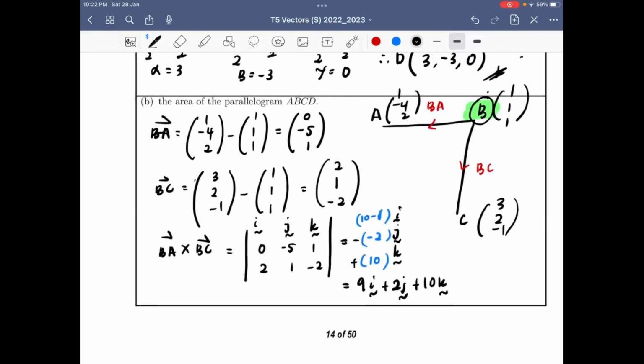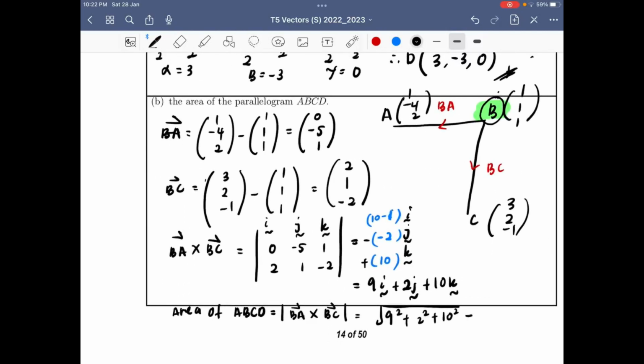So the area for the parallelogram ABCD is equal to the magnitude of vector BA cross BC, which is equal to the square root of 9 squared plus 2 squared plus 10 squared.